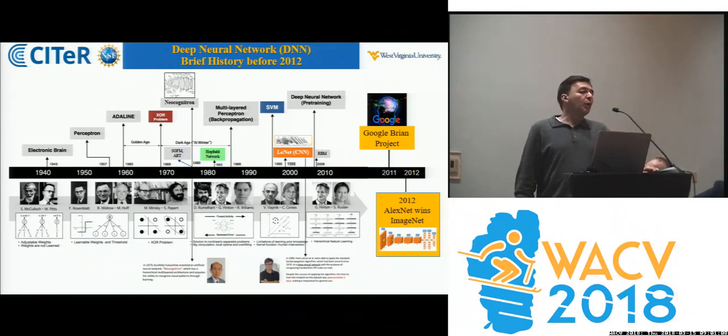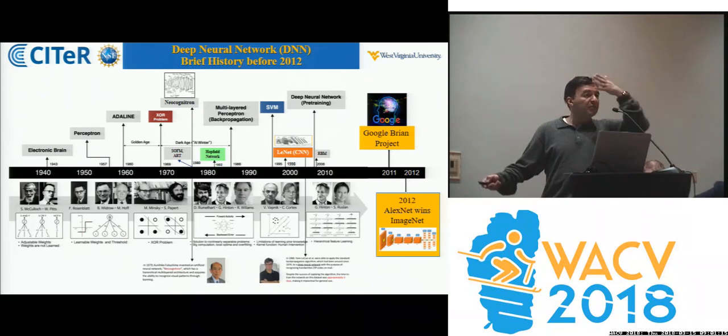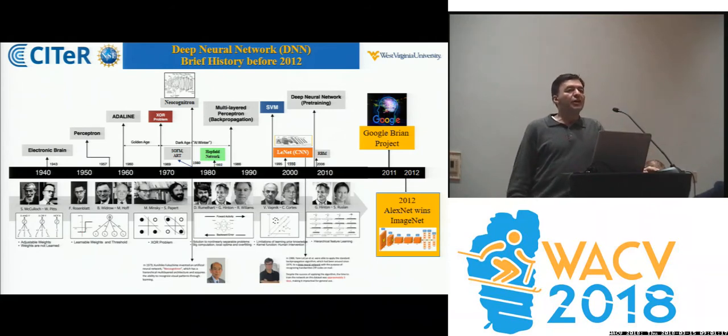Now, one of the problems was people were putting in layers later on, in the late 1960s, early 70s. One of the major problems was they didn't know how to train these multi-layer perceptrons, MLP. Until 1974-76, people were able to train these multi-layer perceptrons, and we were getting very good results.